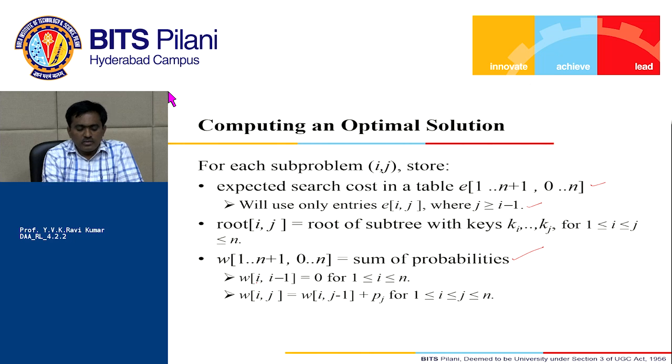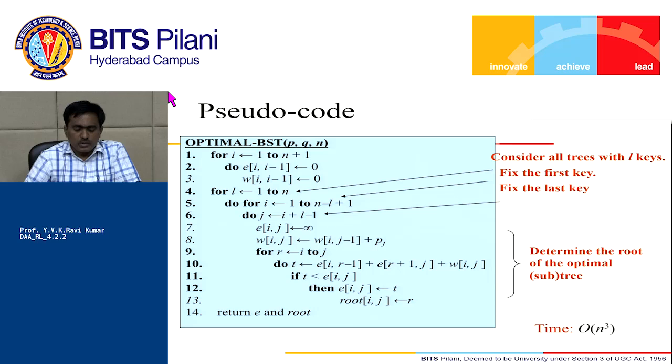Also we'll find w of i comma i minus 1, which is 0, where i lies between 1 and n, and w of i j equal to w of i comma j minus 1 plus p j. It is nothing but the cost in here. In this case j is the root. Now p j is the cost incurred on the root j. So like this we'll compute an optimal solution for the given problem.